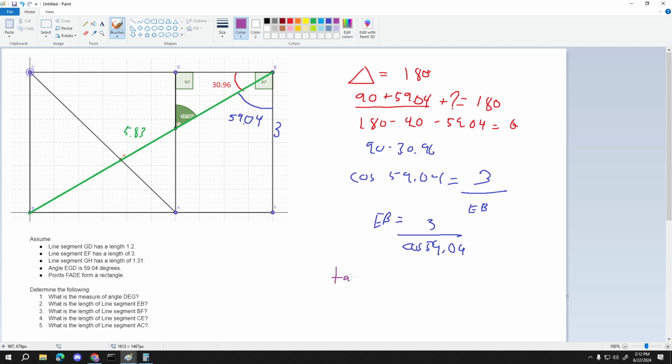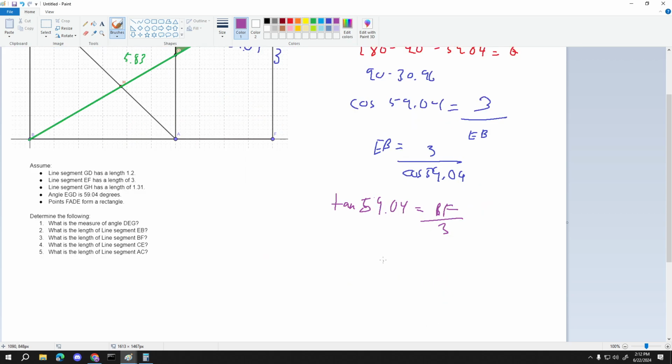So tangent 59.04 is equal to SOHCAHTOA opposite, which is BF, over adjacent, which is 3. So now we leave BF on one side, so we multiply both sides by 3. So we get 3 times tangent 59.04 is equal to BF.